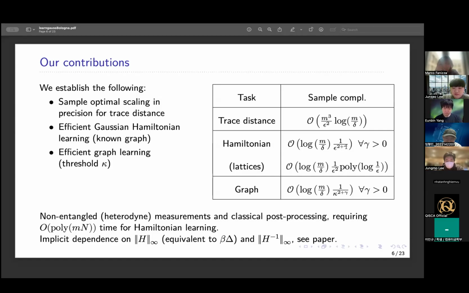And I would be very interested in finding other ways of learning the Hamiltonian that do not pass through this.